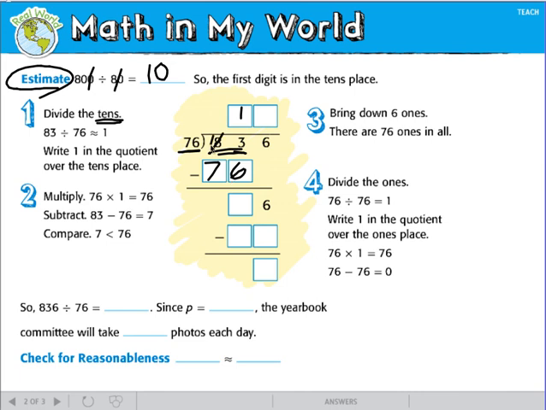I have to regroup. 76, well, that's 1 as well because it's 76. So my answer is 11. They're going to take 11 pictures each day. Now, 10 is about 11, so does my answer make sense? Yes.